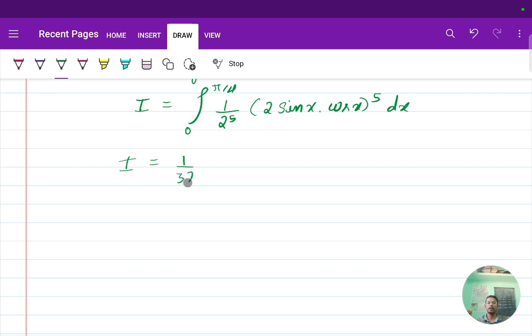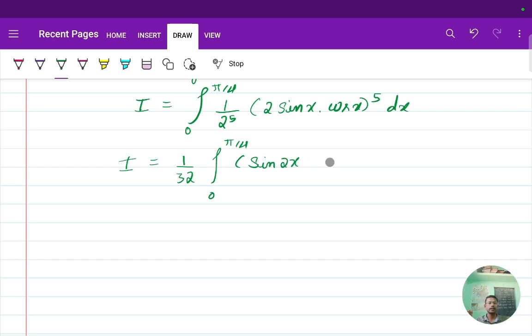That is 32, so 1 by 32 integration over 0 to pi by 4 into, what is 2 sin theta into cos theta? 2 sin theta into cos theta is sin 2 theta.